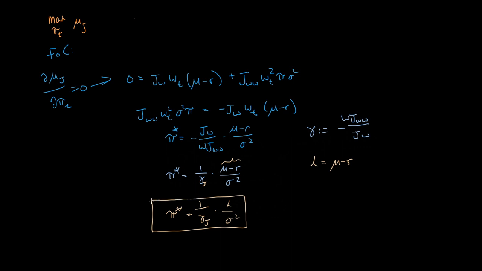So we see again that preferences don't enter. And also we're kind of confident because let's compare this with our result from the Merton framework, which, and I'm doing this from memory, so I apologize if it's not perfectly correct, was 1 over gamma times matrix sigma inverse times mu minus r times 1.